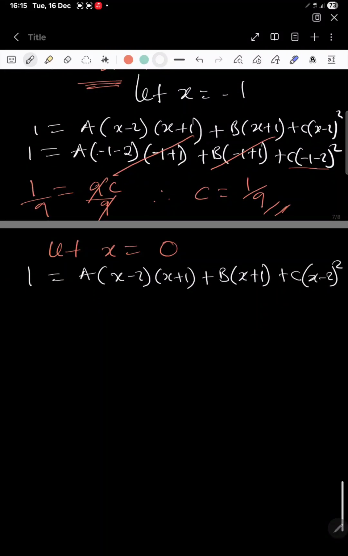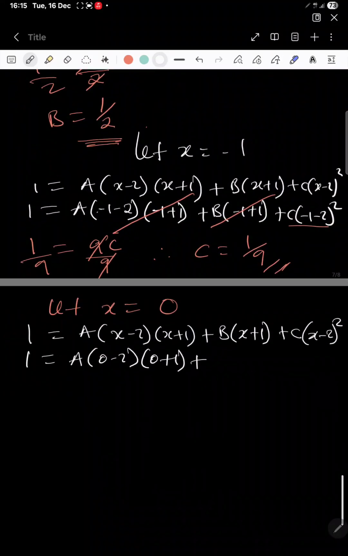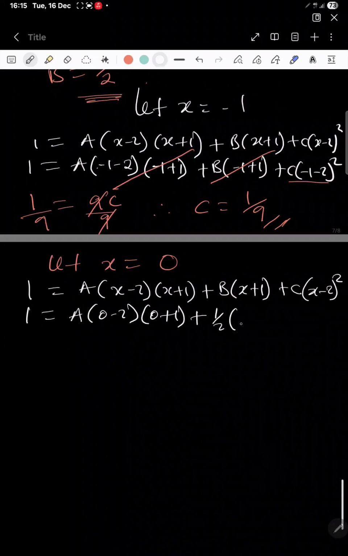So by doing so, we are letting x to be 0. So we say 1 is equal to a open 0 minus 2, open 0 plus 1, plus the value of b, we've already found it to be 1 over 2. So we put 1 over 2 here, and x is 0 plus 1. Then plus c open 0 minus 2 squared.